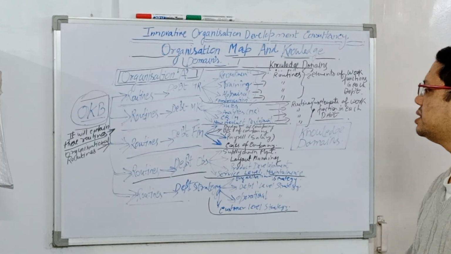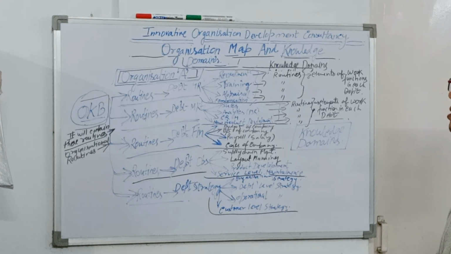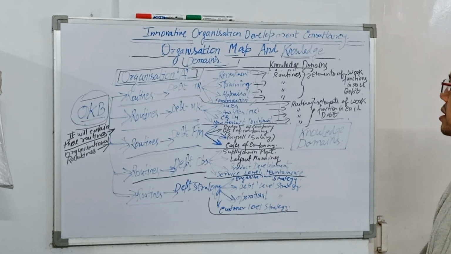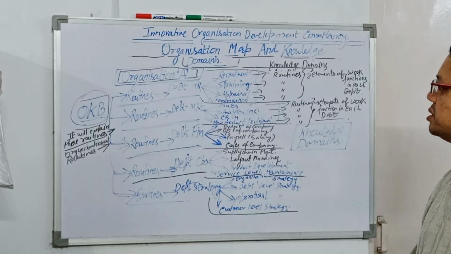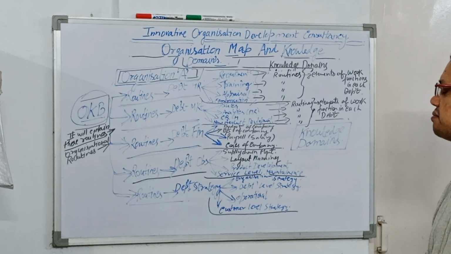In this way, we see that there are several permutations of the combinations of routines when they are explored or found out. They show these permutations of different combinations of organizational routines emerging from different departments within the organization.